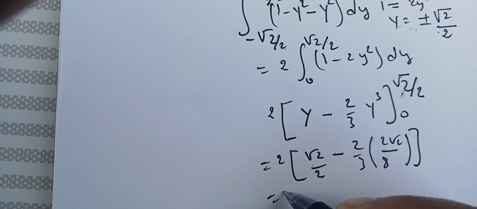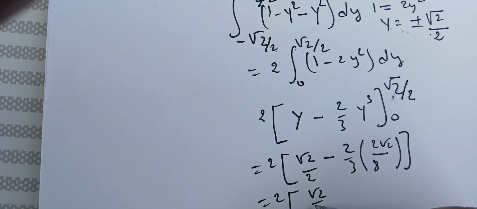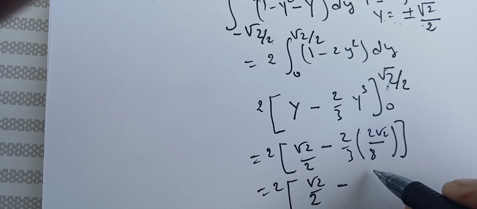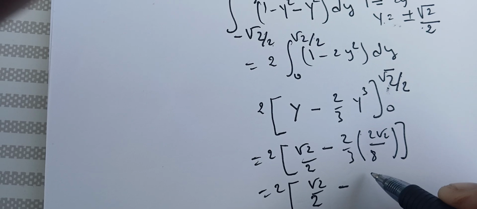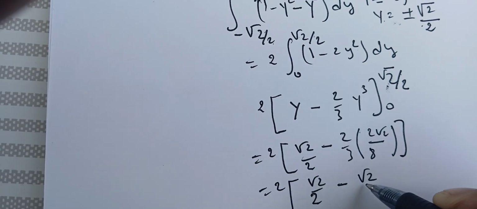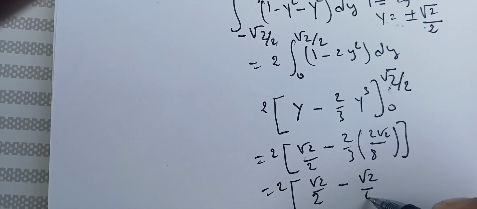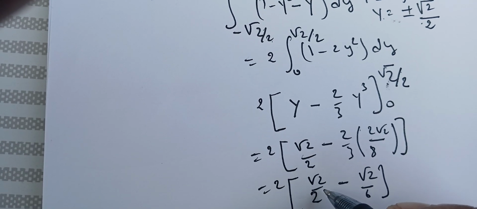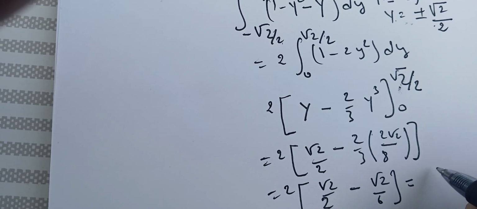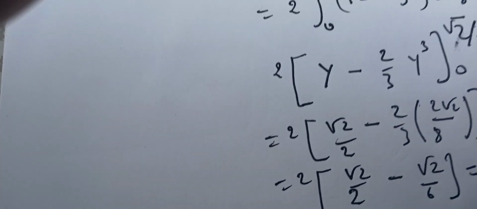Okay, and therefore we can simplify. We're gonna get square root of 2 over 2 minus square root of 2 over 6. And if we multiply by 3 here, we're gonna get 2 square root of 2 over 6, which is gonna give us 2 square root of 2 over 3, if we simplify this expression.